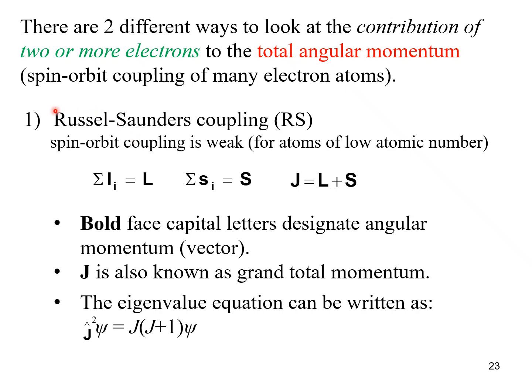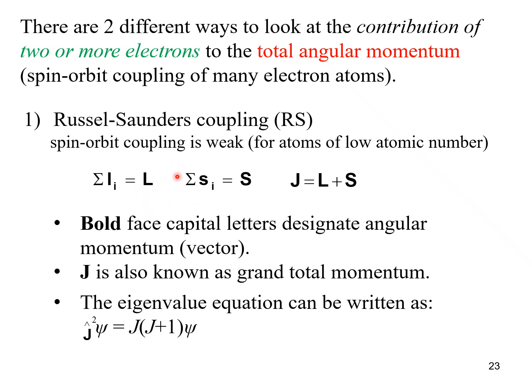While for many-electron systems, the spin-orbit coupling can be determined in two different ways. Number one is Russell-Saunders coupling, where the spin-orbit coupling is weak and applied for atoms of low atomic number. So they determine the total L, from which they find the value of the orbital angular momentum quantum number.